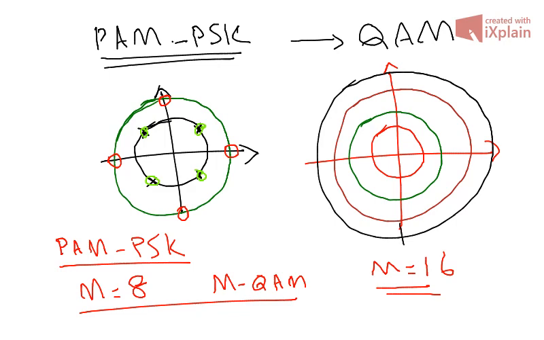We have 4 points on the inner circle, 4 points on the second circle, then 4 points on the third circle, and 4 points on the outer circle.